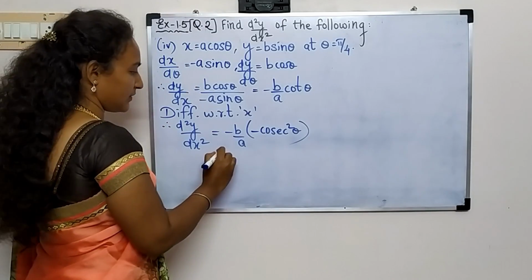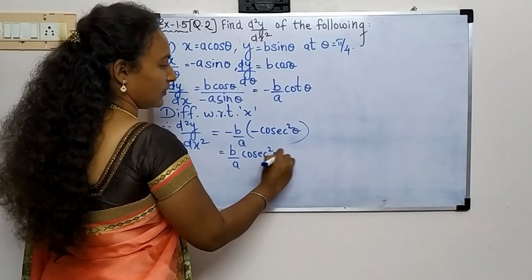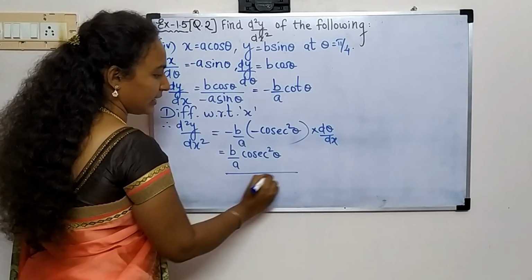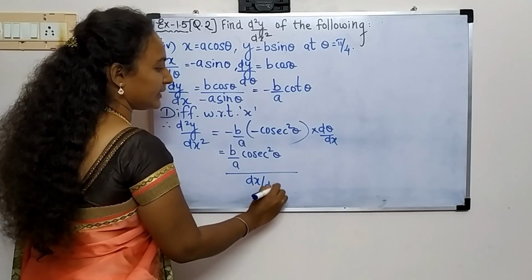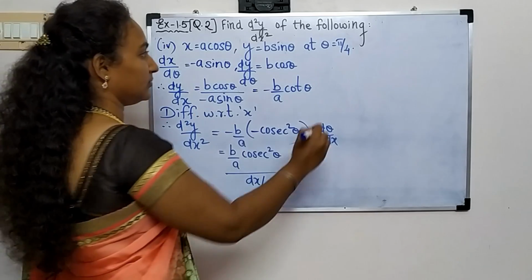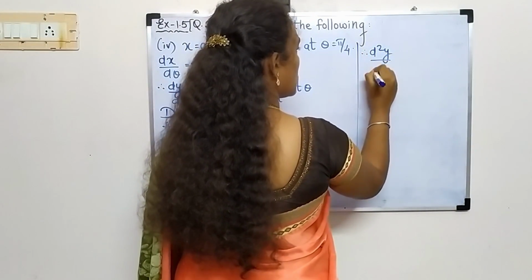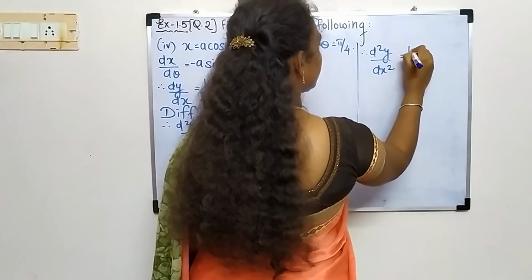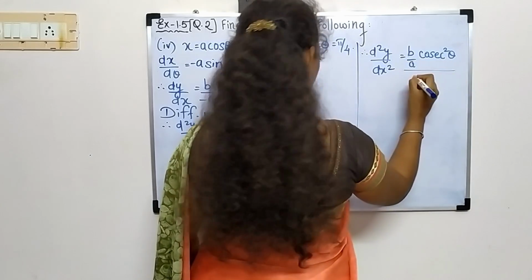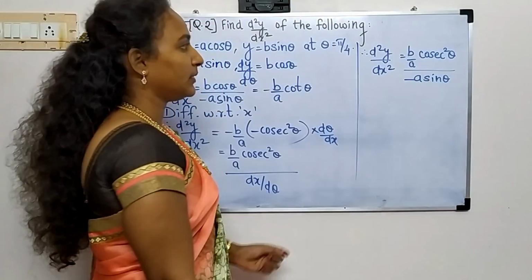So minus into minus will become plus. And multiplied with d theta by dx. So this is taken to the denominator. So dx by d theta. Our dx by d theta is minus a sin theta. Okay.